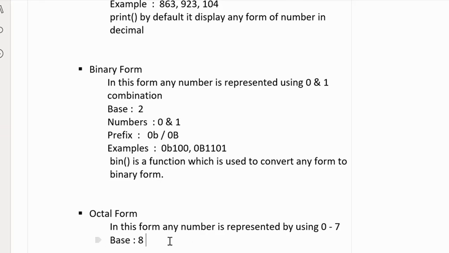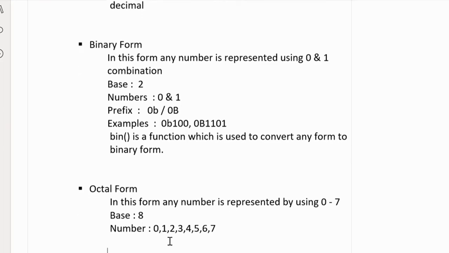If a number above 7 is used, then it is not considered an octal form. The number should be a combination of 0, 1, 2, 3, 4, 5, 6, 7. Only these numbers you have to use to combine them.